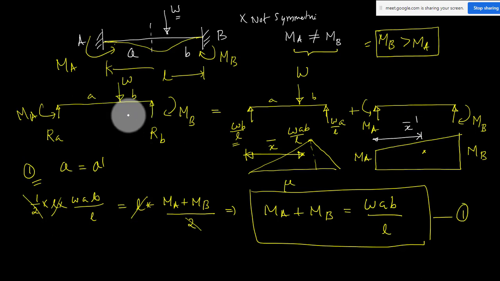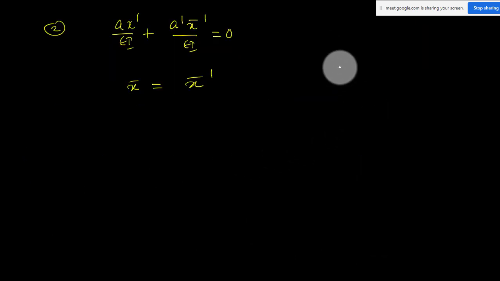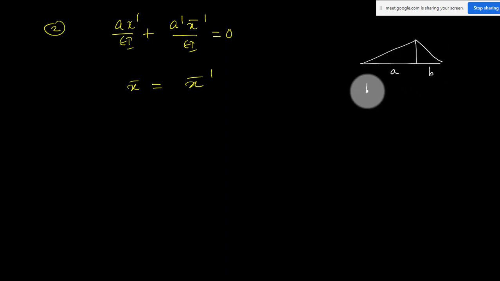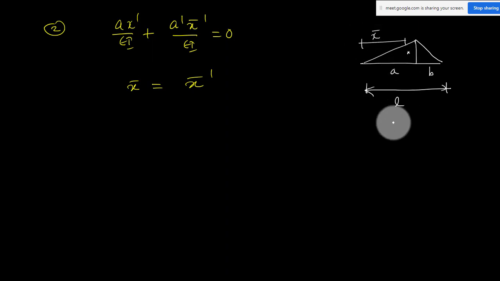You know this is a triangle, so here I am going to make use of the direct formula for the CG that I have already given. This is your moment diagram, this is A, this is B, and the total is L. What is the CG distance? X bar equal to L plus A by 3.